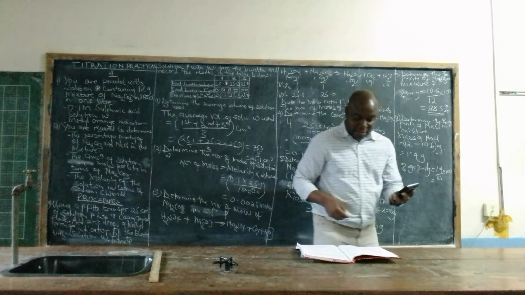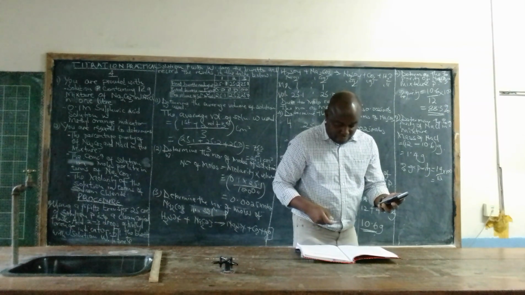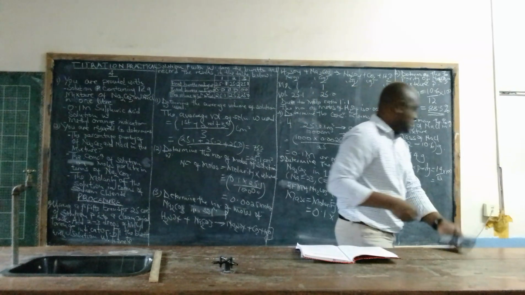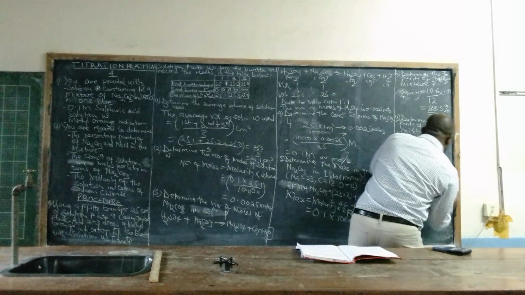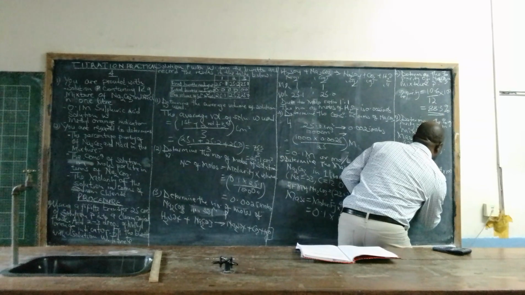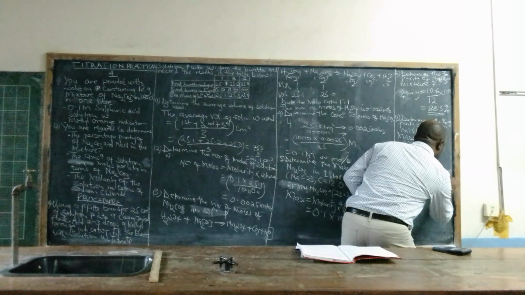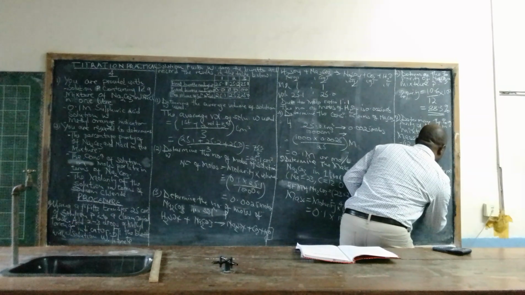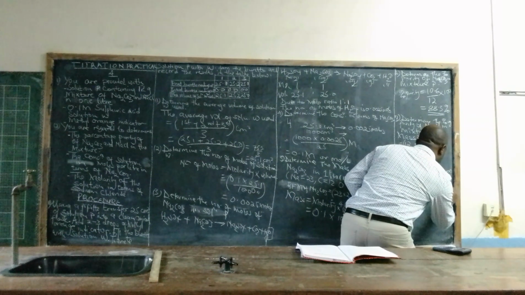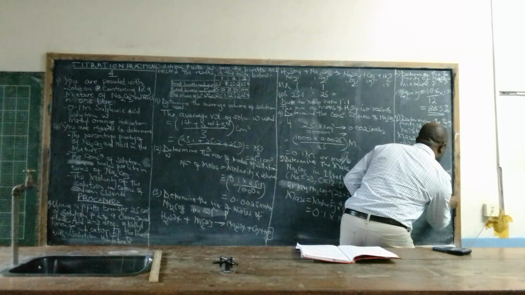So we are getting 11.66 recurring, which means it's supposed to be 11.67%.